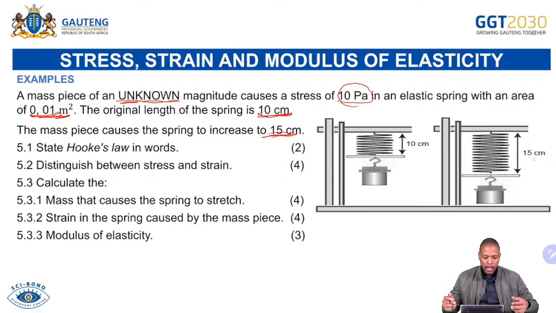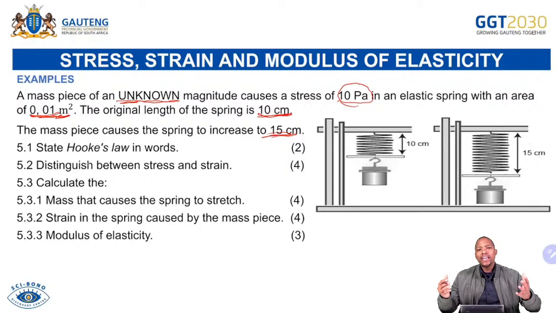Okay, so let's look at the question. The question says state Hooke's law in words, and we are saying here within the limit of elasticity, stress is directly proportional to the strain, and you stated that to get your 2 marks. And then it says distinguish between stress and strain.